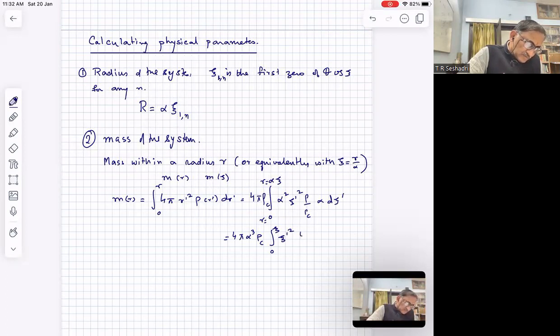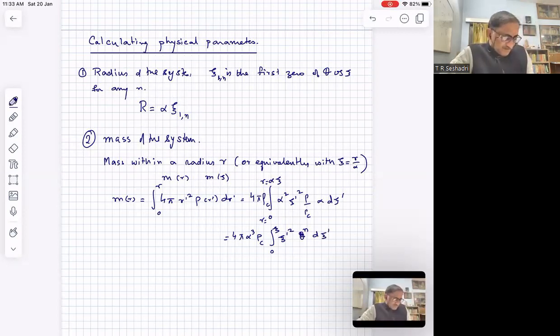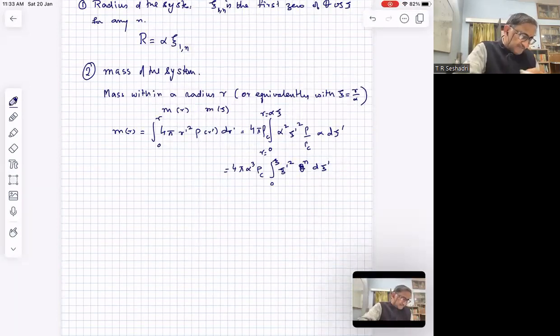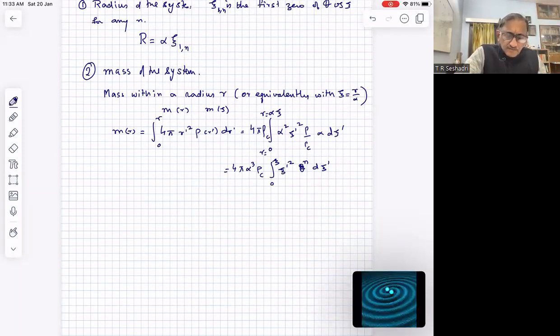Now, rho by rho c is basically theta to the power n, d xi prime. All right. Is that okay? I'm just taking the alpha things out. ठीक है ना? Okay. Yeah. And so what is this equal to?